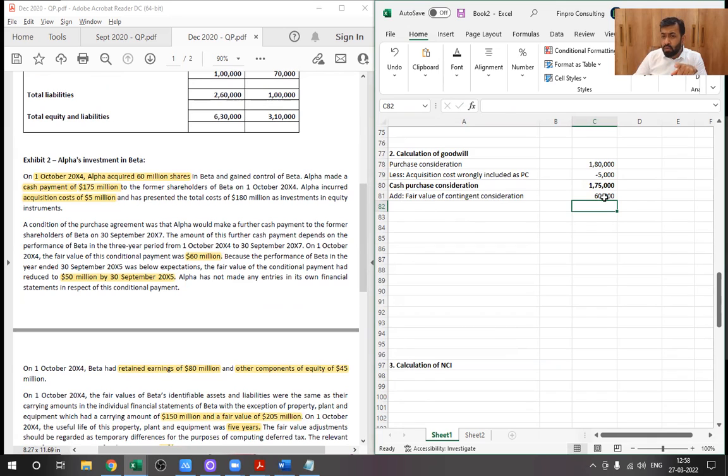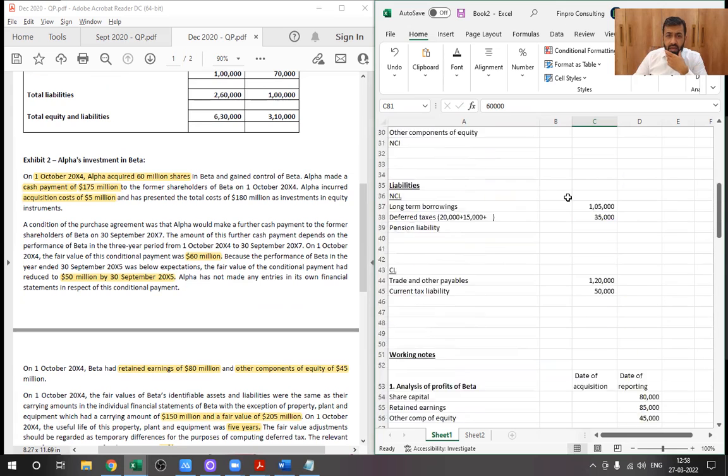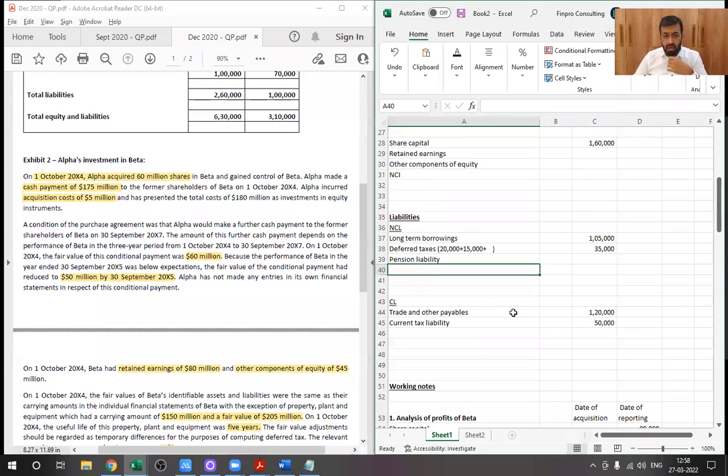Where would the second impact be? We have to create a provision for it. Provision, liability, right? Yes, it's a liability. So the liability is here, contingent consideration. But this contingent consideration may change.